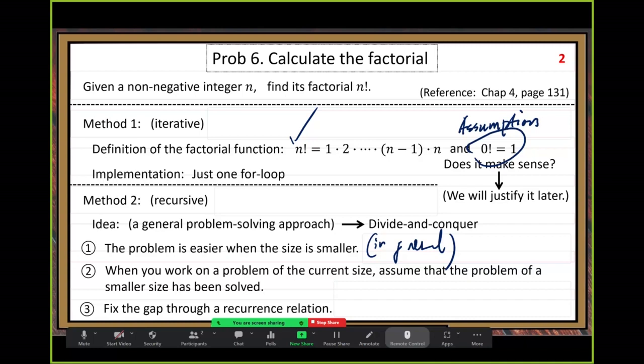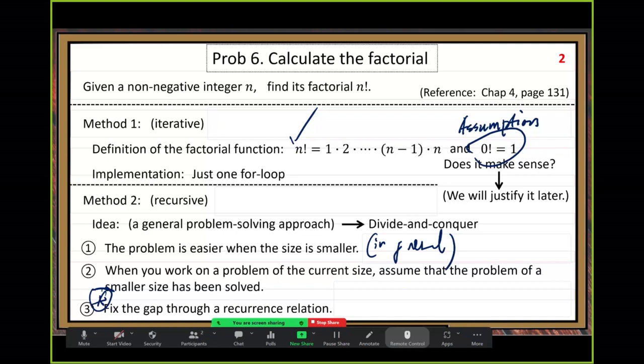That step is pretty straightforward. So you can see the most important step is this step: deriving the recurrence relation, the key step.